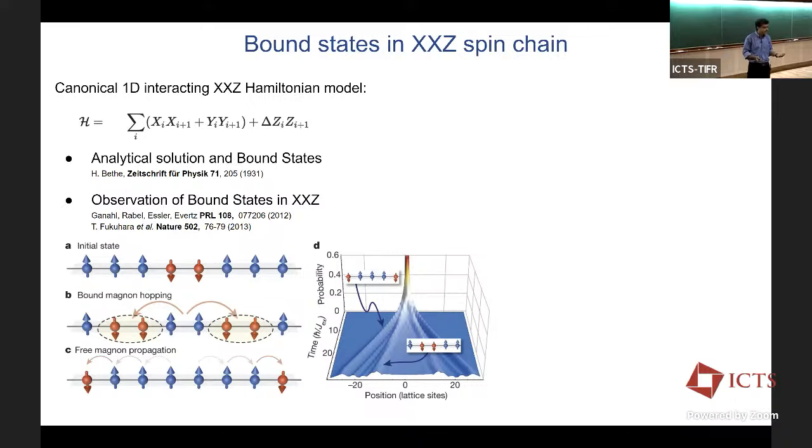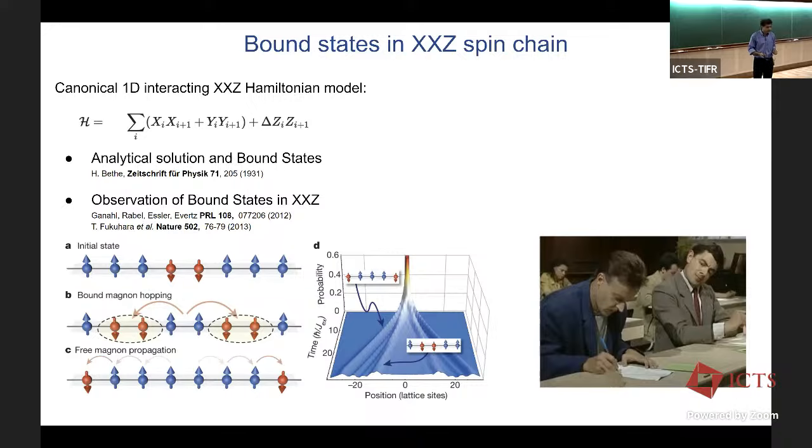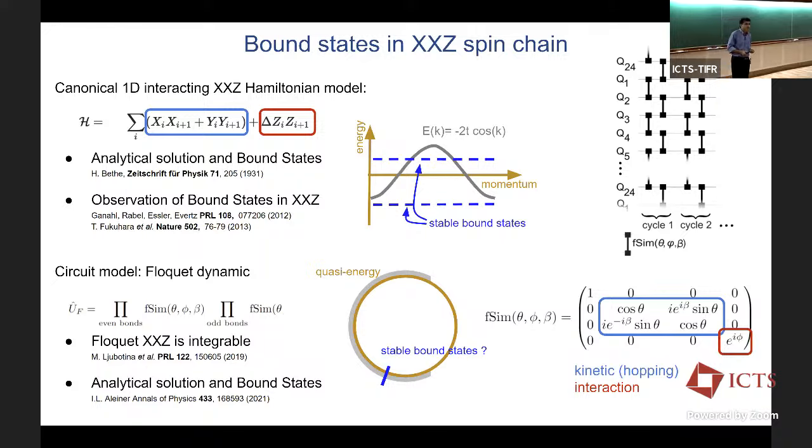Okay, that's the physics, and this is the experimental cold atom data, and we're going to do a little cheating, and we're just going to pick up the same problem. Okay, slight difference. We are not going to do the Hamiltonian physics. We are going to do the Floquet version of it. For the Floquet version, there is a theoretical work from the Ljubljana group showing that this is also integrable.